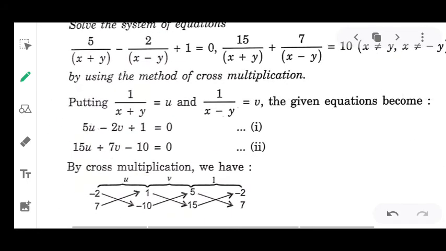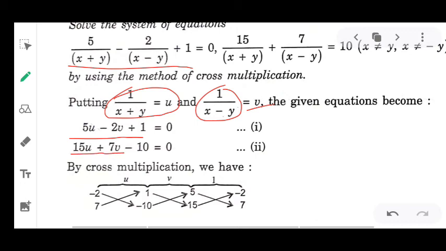So here 1 by x plus y equal to u, and 1 by x minus y equal to v. Now you can write these two equations in the standard form of linear equation, that is 5u minus 2v minus 1 equal to 0, this is equation 1, and 15u plus 7v minus 10 equal to 0, this is equation 2.